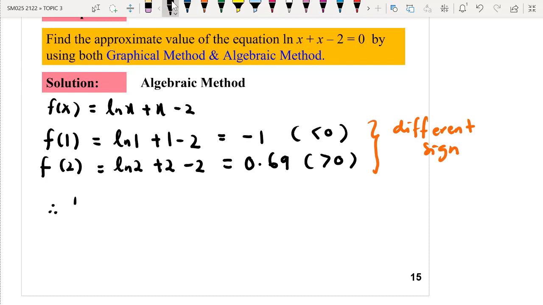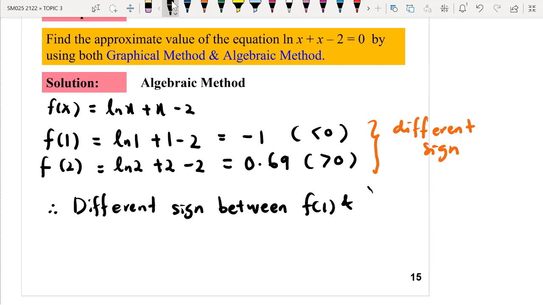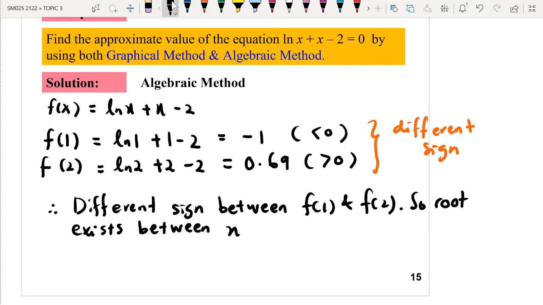We have a different sign between f(1) and f(2). So the root lies between x equal to 1 and x equal to 2.